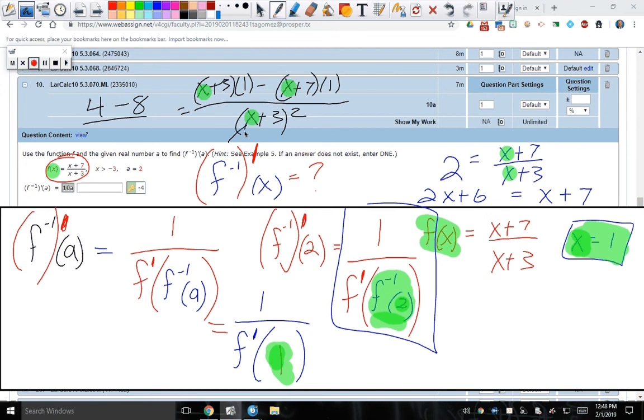Plug in 1 right here, what would I get? 16. You with me? So 4 minus 8 is negative 4, over 16 is negative 1/4. But look, negative 1/4 is all of this. We're going to take the reciprocal because it's 1 over that. And that's how you get negative 4.